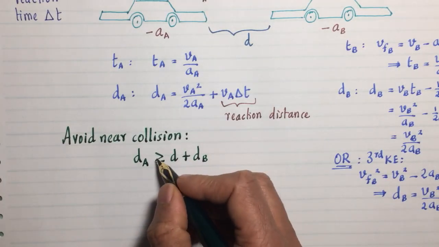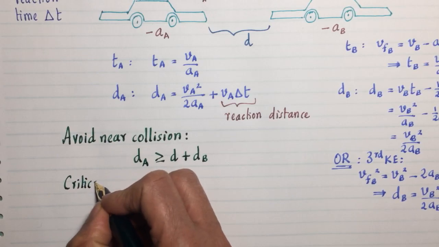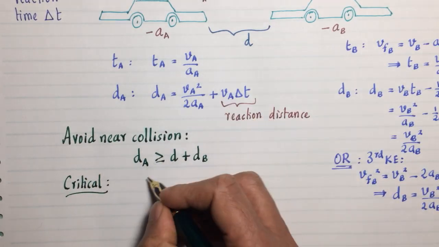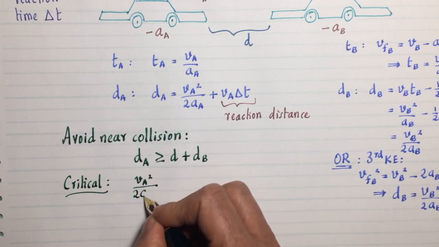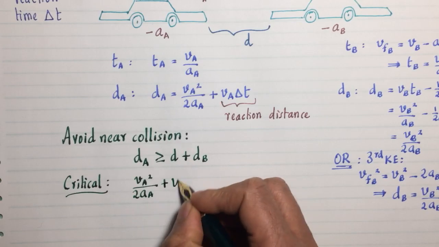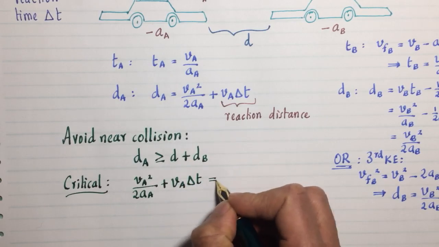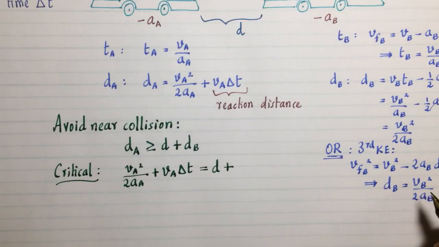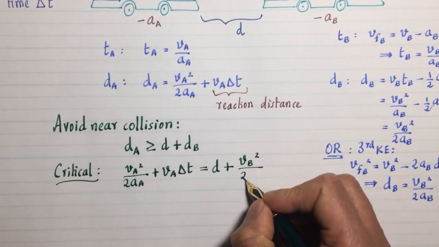So to avoid this inequality, I'll consider just the critical case when the equality is satisfied. So the critical case for dA, I'm going to substitute from here. So I get VA squared upon 2A sub A plus VA times delta t is equal to D plus dB, which is this, VB squared upon 2AB.